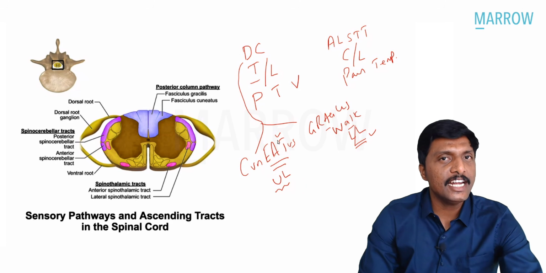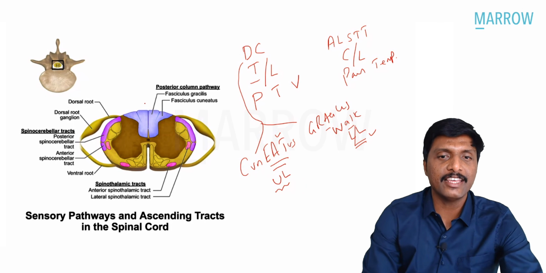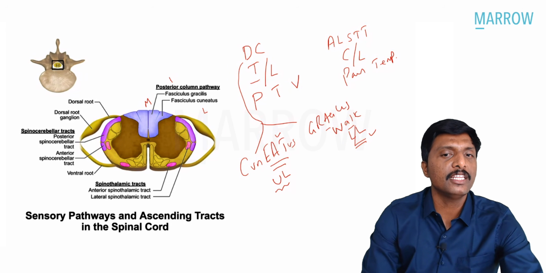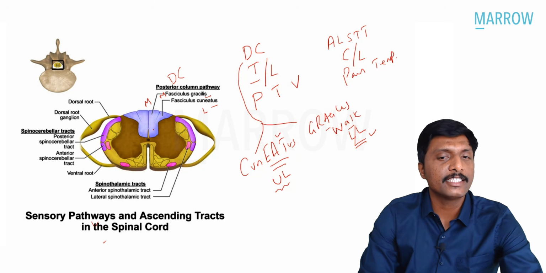Now, which is lateral, which is medial? This midline is our medial part. The other side is our lateral part. Remember, we have the posterior column or dorsal column shown here. Then we have the anterolateral pathway also shown here. Now look very carefully, guys. Our gracilis is there, cuneatus is there. This gracilis is medial, we are seeing.